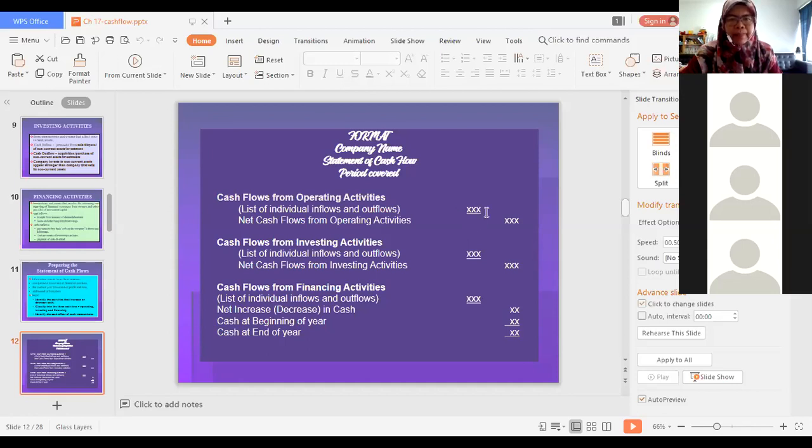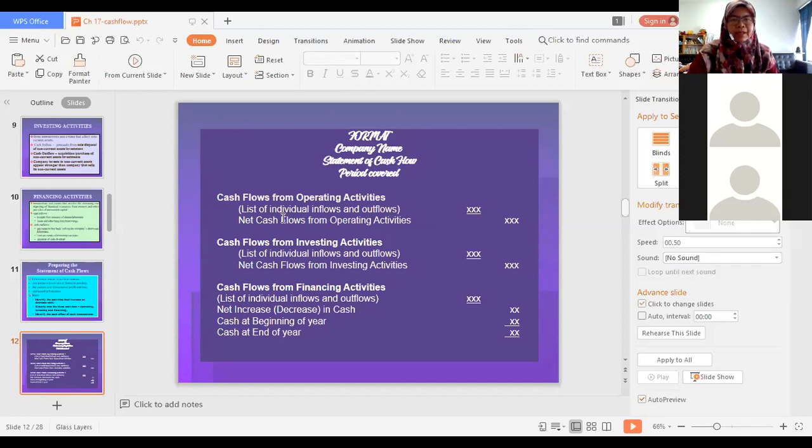Now you can interrupt me if you are not clear about my explanation. Tax paid, negative amount. And then we total up the cash generated from operations minus tax paid. So if the amount is positive, then you can say net cash inflow. Are you clear? Is everybody okay? Okay, madam.